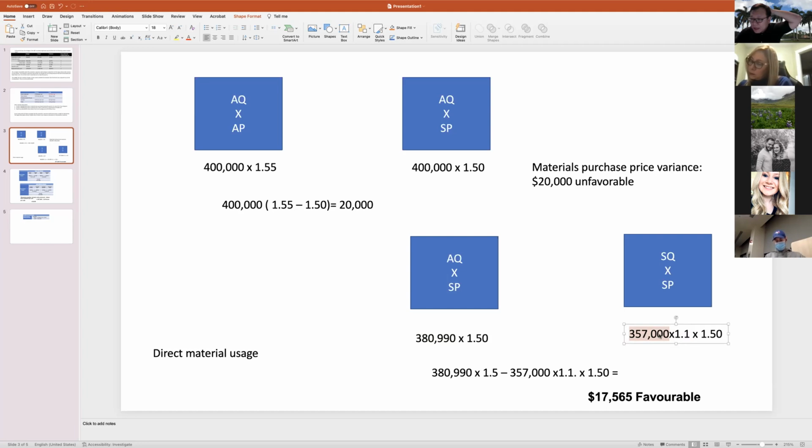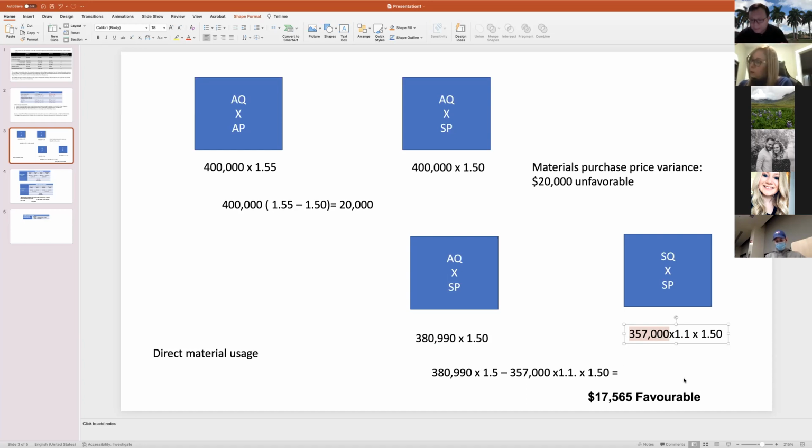But for the fixed overhead, when they figure out the budget variance, they compare the actual cost against the number on the static or master budget, and that master budget number is also compared with the standard. You get that volume variance.